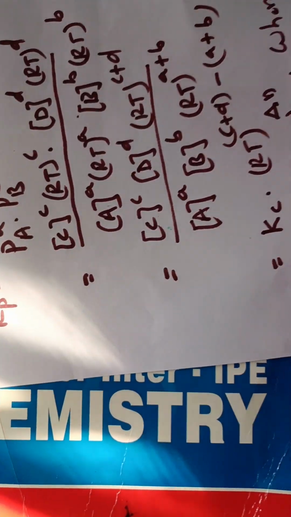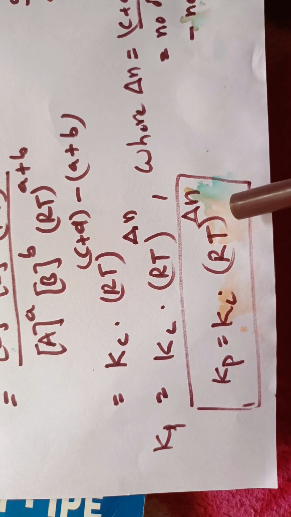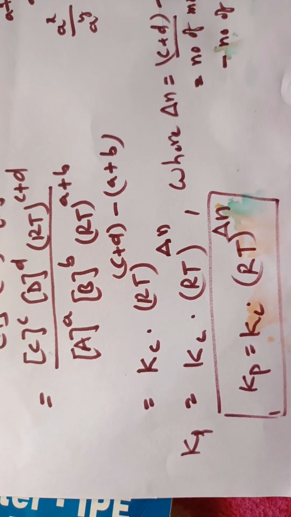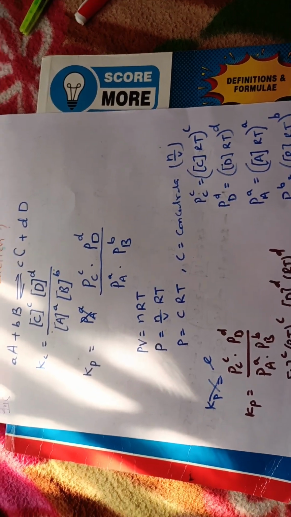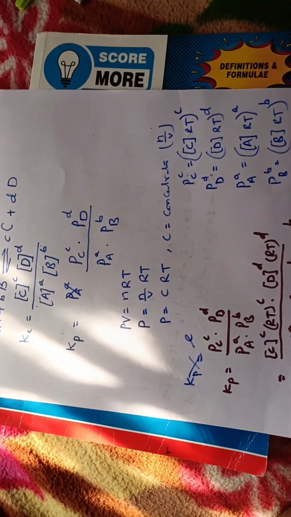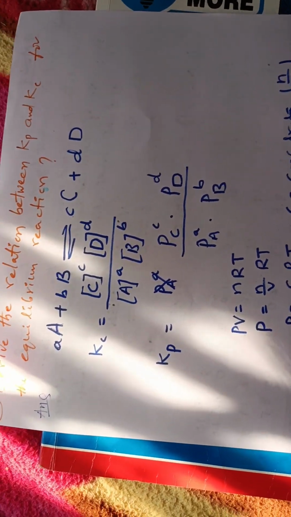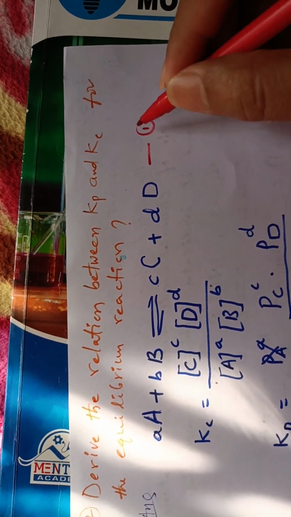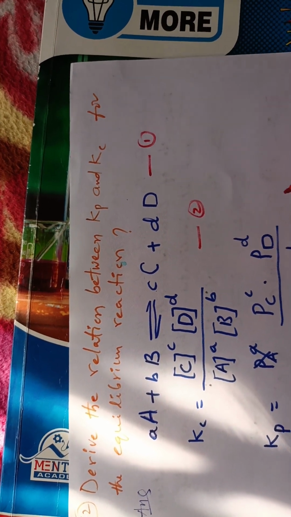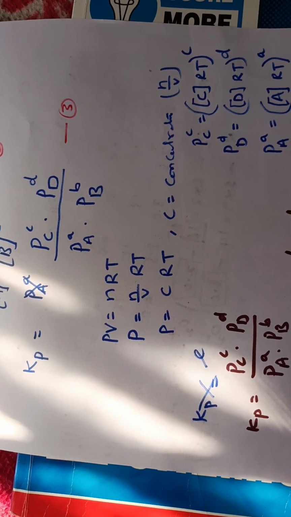Finally we got this equation, Kp is equal to Kc into RT power delta n. So if it is asked for 4 marks, simply you write this equation 1, just I am putting. If it asks for 4 marks, just write this is the first point, second point, third point.